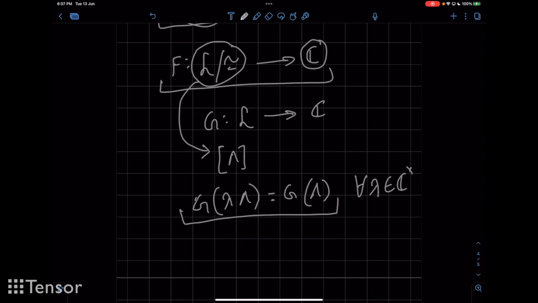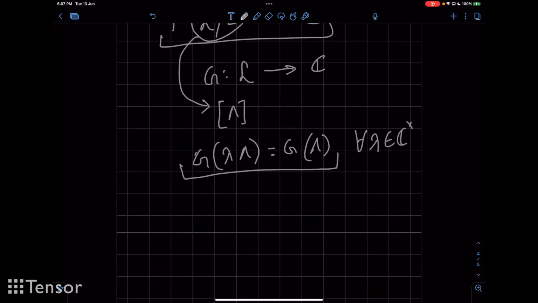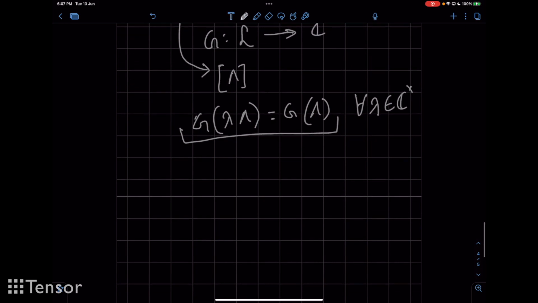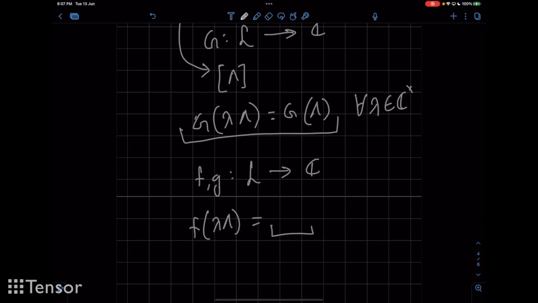So in order to find such a function, maybe we can find two functions, let's say f and g. If I find two functions that do not have this property, like f of lambda times capital lambda is not f of capital lambda, rather there is some fudge factor here.